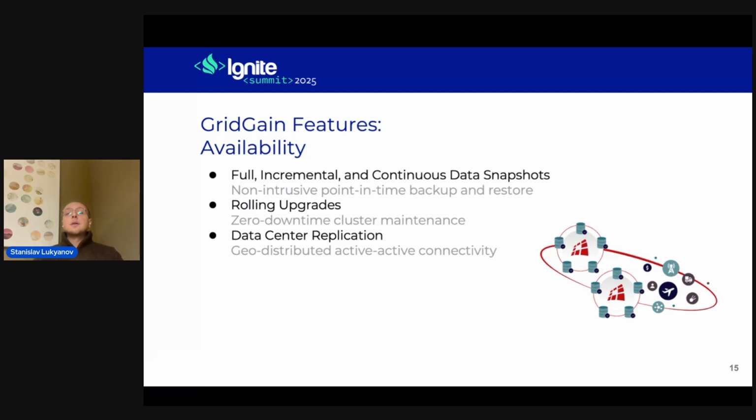And also, GridGain provides data center replication, which is a feature to create geo-distributed multi-region cluster systems connecting multiple clusters in an active setup, such that you can work with individual clusters in each region, but keep the entire system connected.